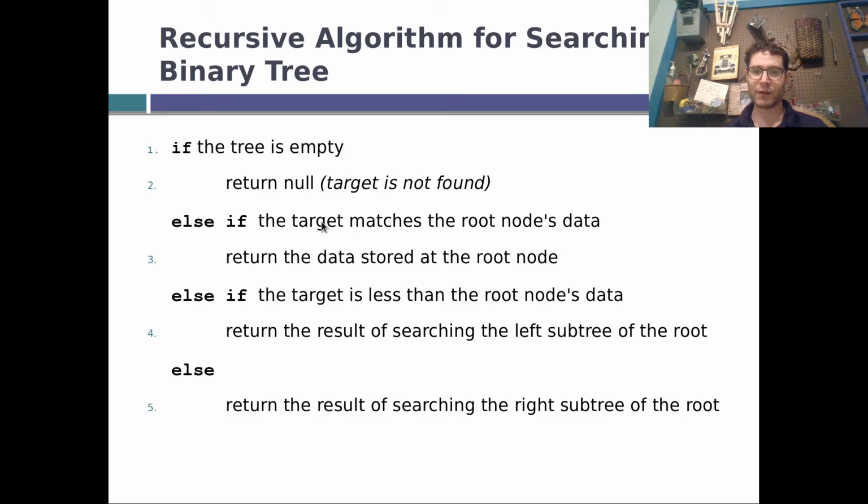Otherwise, if the target that we're looking for matches what's in the root, we return the data stored at the root node. Otherwise, if it's less than the root, we look at the root of the left subtree. If the item we're looking for is not equal to and not less than the root, it has to be greater than the root, then we look at the right subtree. That's essentially it. That's the entirety of the algorithm.